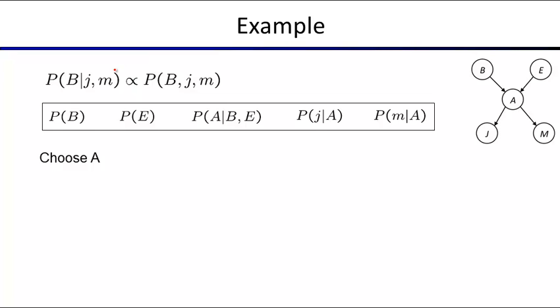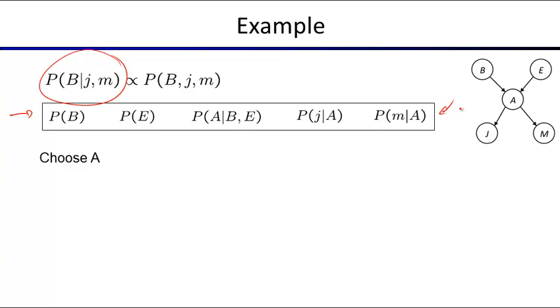We have this query over here, the conditional of B given J comma M. These are our initial factors, 5 of them, because there are 5 conditional probability tables, 5 variables. And we instantiate the evidence that we have observed, J and M. For each of these, there are associated tables, but we're just not going to draw them now.